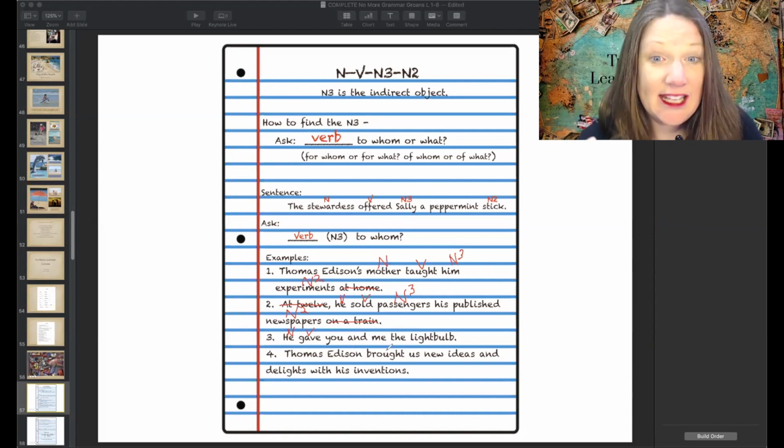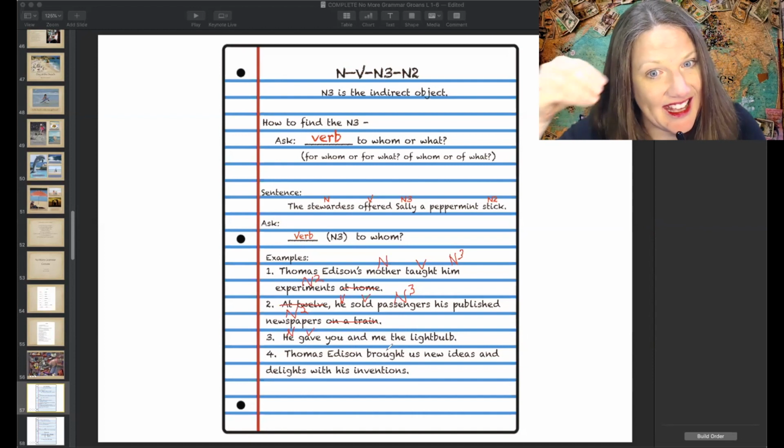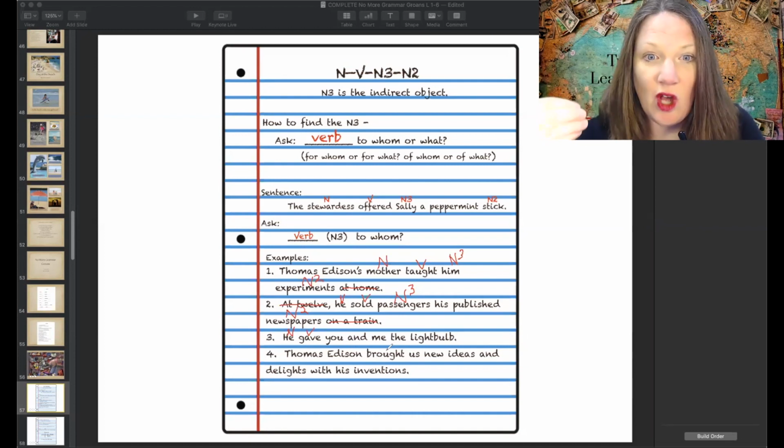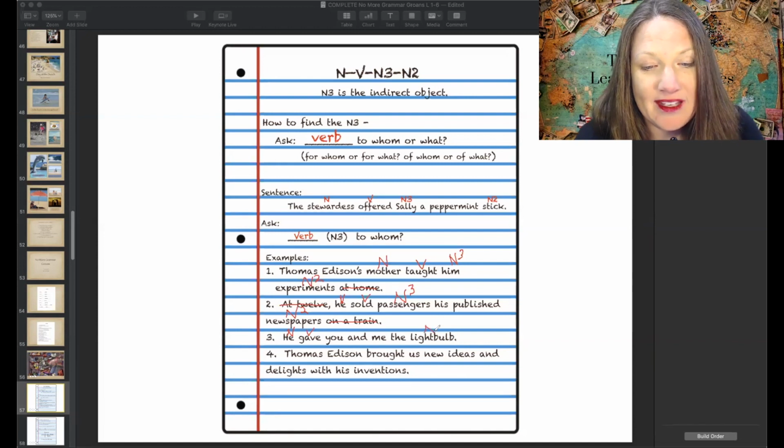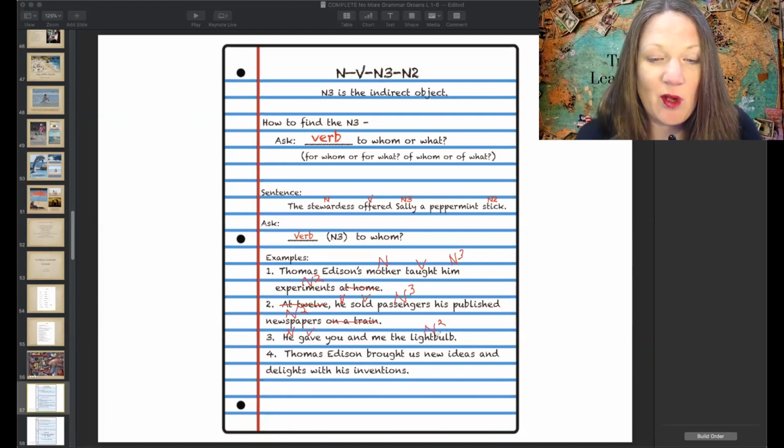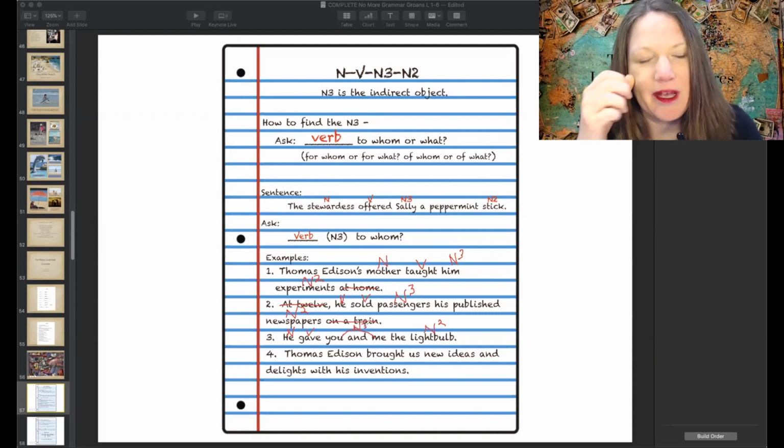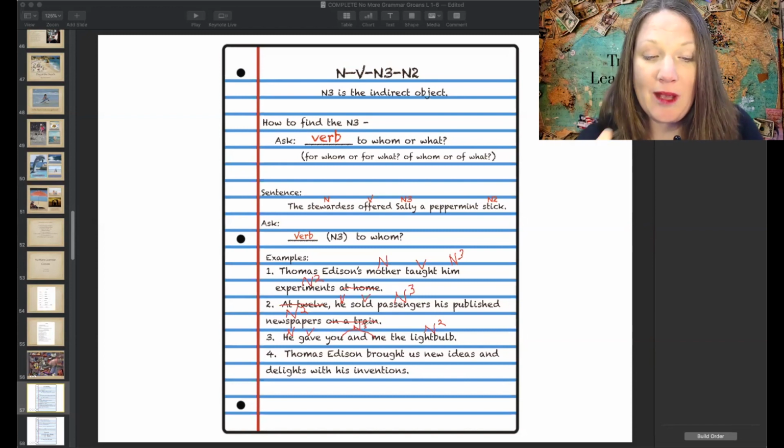No. He did give us something, but there's something that he gave that is the actual object that was being given. Light bulb. He gave light bulb to whom? You and me. So there's not and, but you, me. We both are the ones that receive the light bulb.